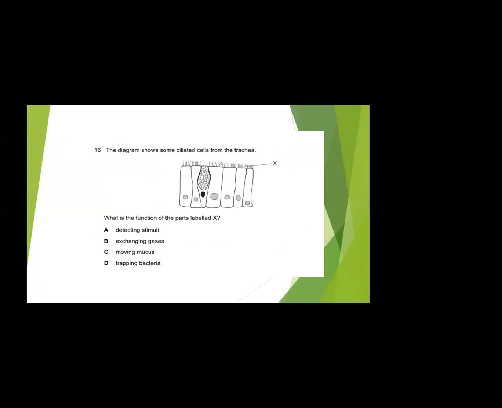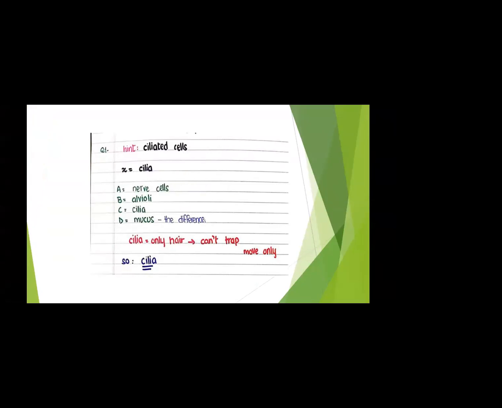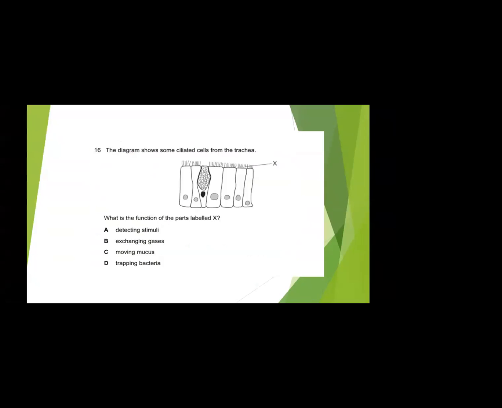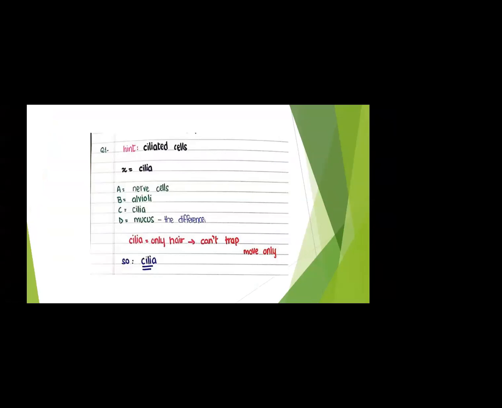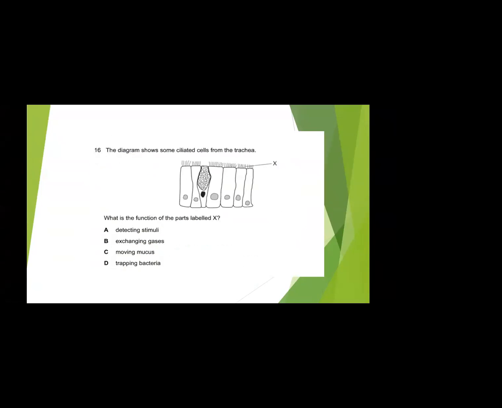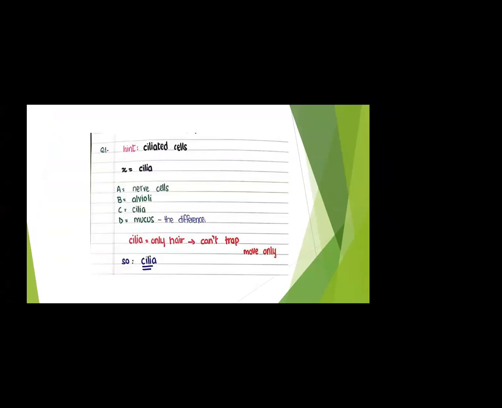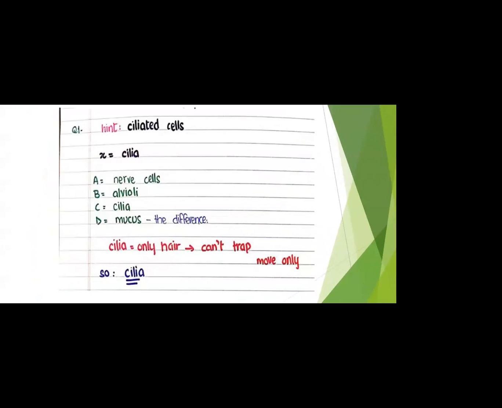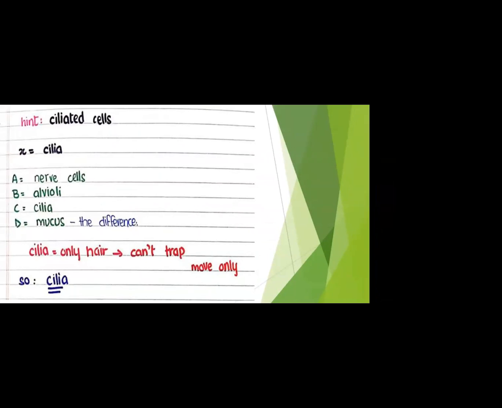Detecting stimuli is the job of the nerve cells. Exchanging gases is for alveoli. Moving mucus is for cilia, and D is for trapping bacteria, which is done by mucus. Now the difference between C and D, where most students get confused, is that cilia are only here. They can't trap; they can only move. So the answer should be cilia, not mucus.